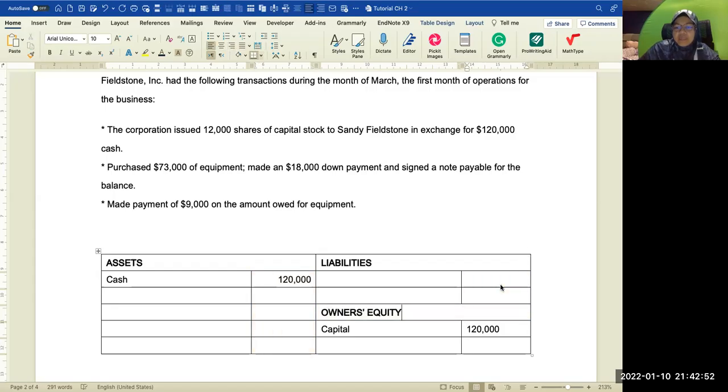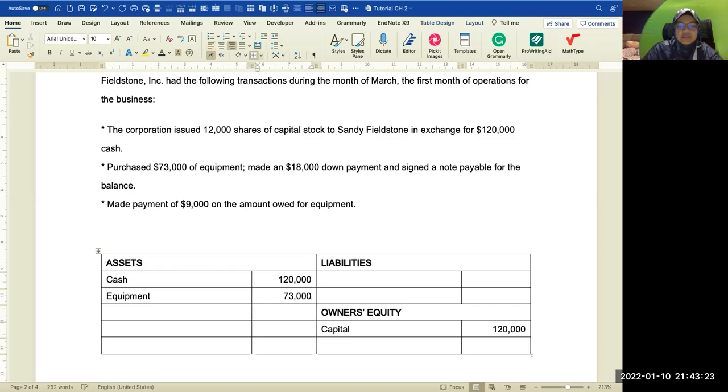Second, purchase of 73,000 equipment, made 18,000 down payment, and signed a note payable for the balance. That means the tools and equipment should be 73,000.